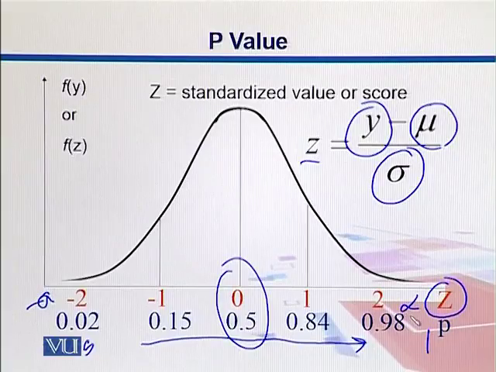So what is a p-value? A p-value is the probability of finding some event or some value under this curve. If we correlate it with the Z-score, a Z-score of -2 can have a probability of 0.02. So it is present in, we can say, the lower 2%. Anything below a Z-score of -2 can be present in this region.